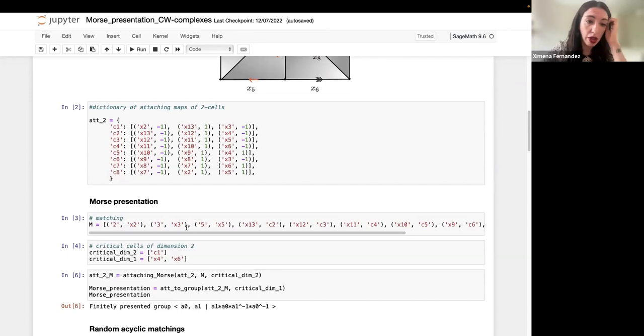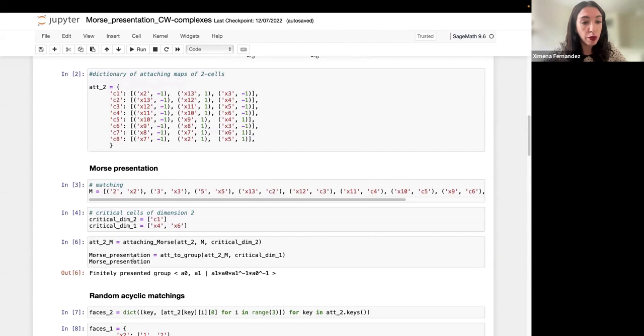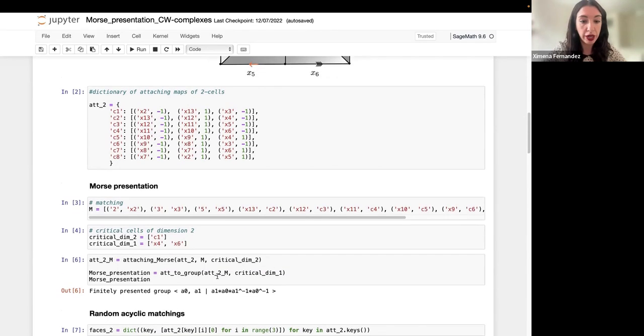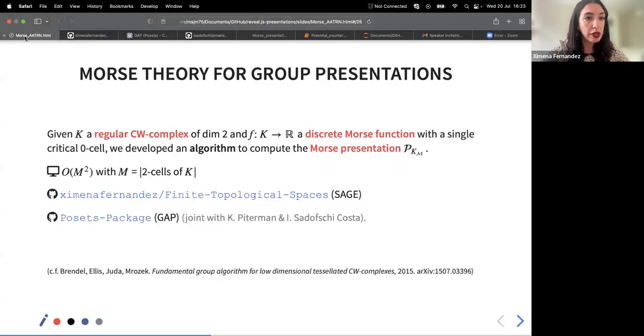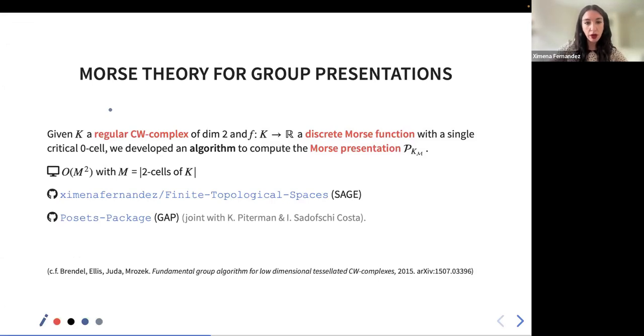And here I describe the Morse function, or which is equivalent, the acyclic matching in the face poset associated to this complex. And then if you compute the Morse presentation, you have a very small presentation of cell times cell. So this is a presentation associated to the Morse complex. Okay, great. So also this is coded in GAP, and there is a related algorithm also in this paper.